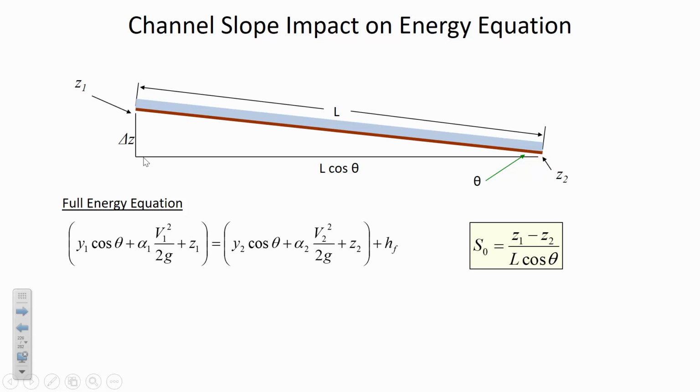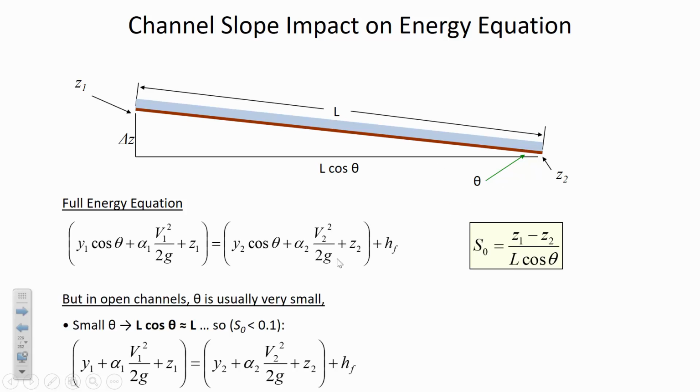And so sometimes people are wondering, is it okay to just use the length of a river that you're measuring from an aerial photo, or do you need to correct for the physical length of that river, accounting for the angle and the slope that sets up? And the way it ends up is that as long as the slope is less than 10%, then the cosine of the angle is going to be so close to 1.